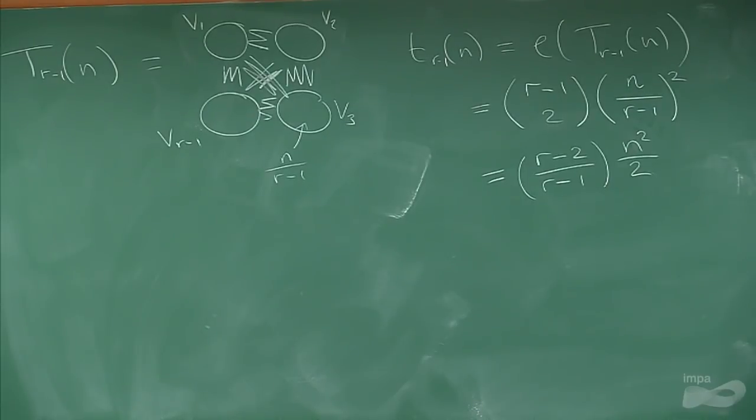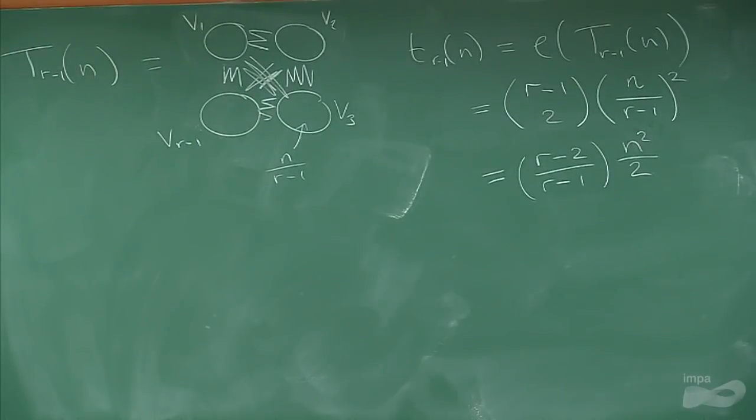So another general idea in mathematics: if you have a proof that works in a particular case, then why not try to generalize that proof before you come up with a totally new proof? We have a proof that works for r equals 3, so let's see what happens.